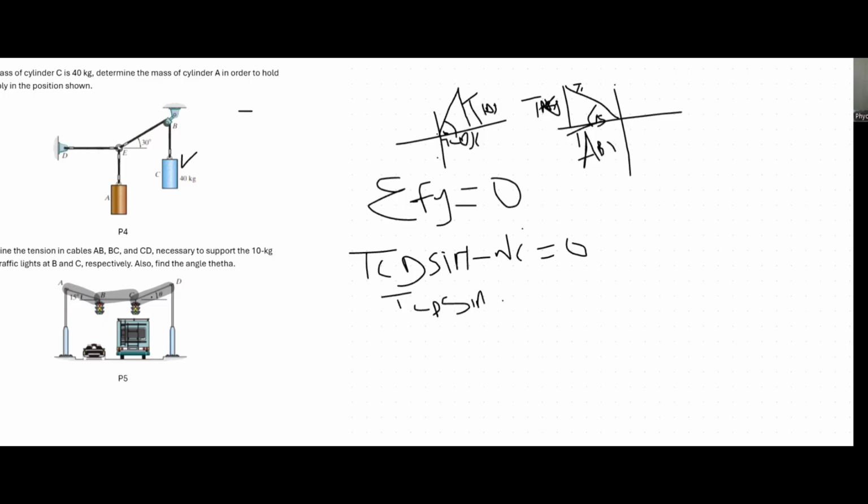Minus 15, multiplied by... we use equation one.